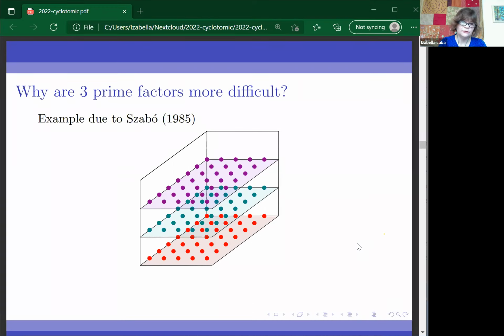I'm actually going to show you a modified version of that example in the formulation due to Lagarias and Szabó a little bit later. So we start with a standard tiling where A and B are both lattices. A is a lattice on the big scale and B is a lattice on the small scale.